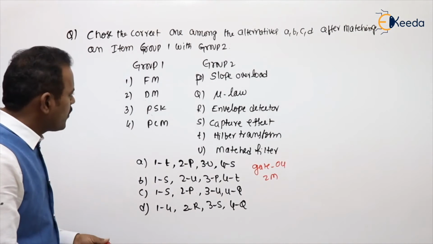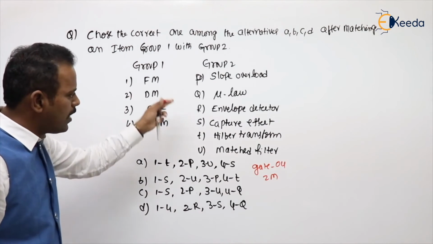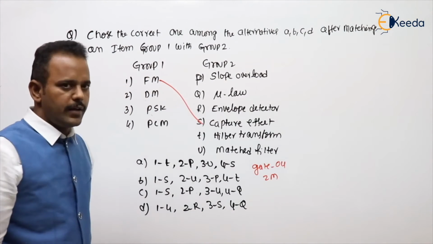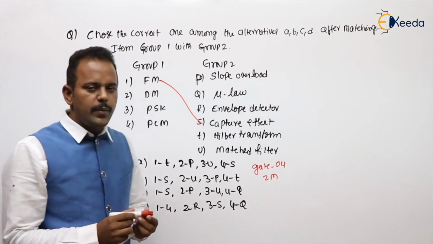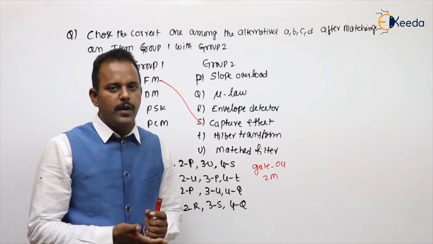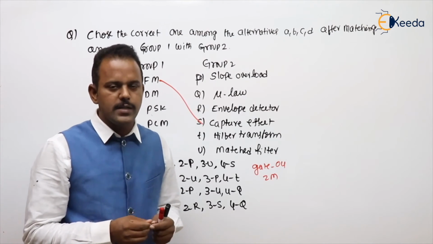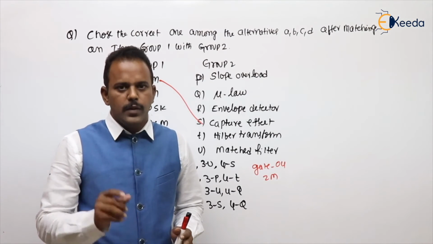We already know that among all the given, frequency modulation matches the capture effect. What is the capture effect in FM? One of the important ones: for example, if 2 stations are available, suppose I am at Hyderabad.